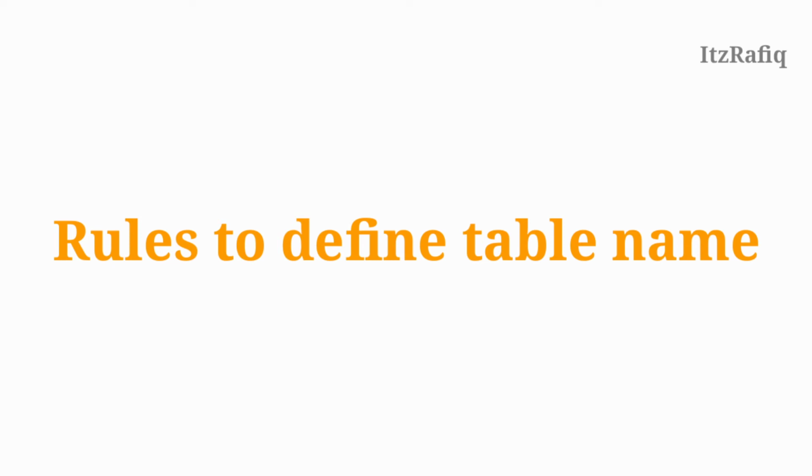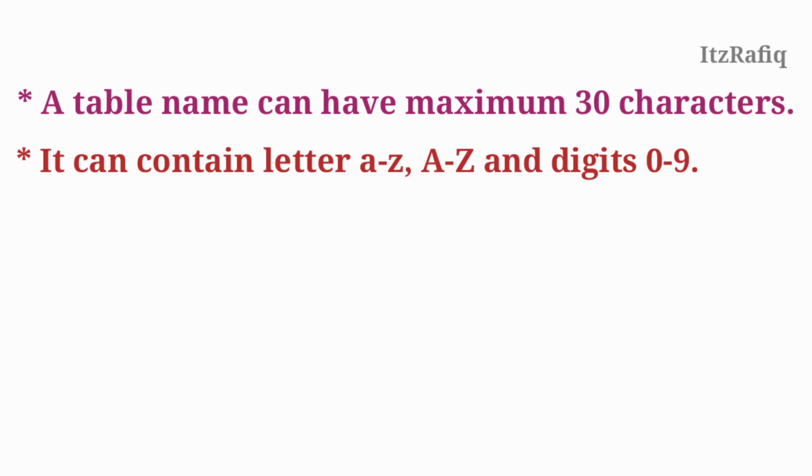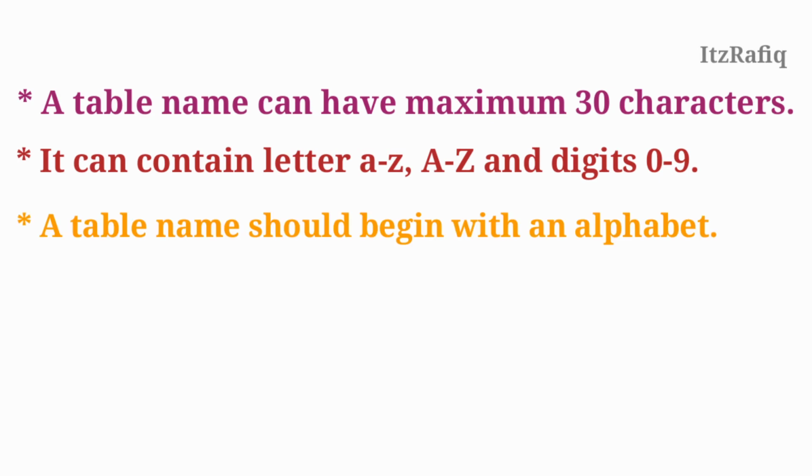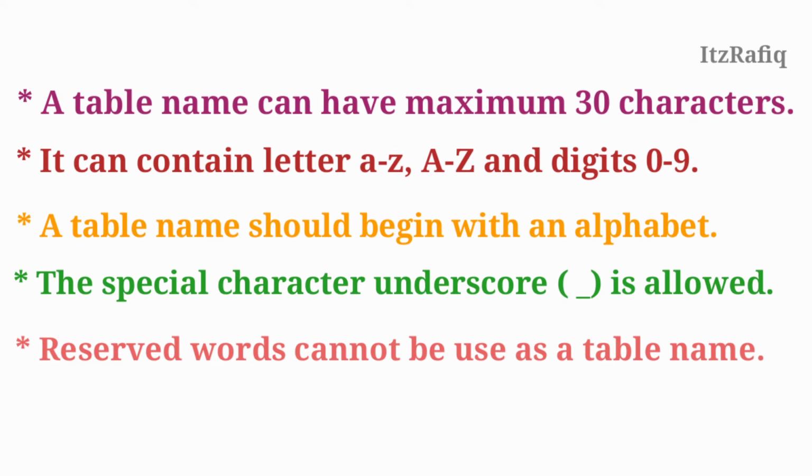A table name can have a maximum of 30 characters. It can contain letters from A to Z or numbers from 0 to 9. A table name should begin with an alphabet. The special character underscore is allowed, and reserved words, for example select, drop, alter, are not allowed.